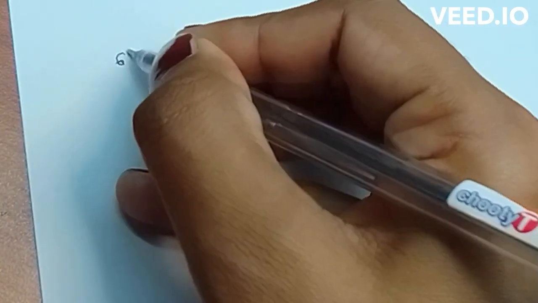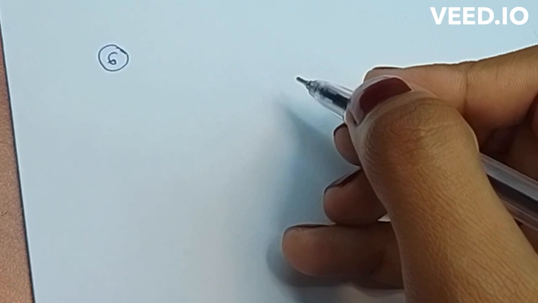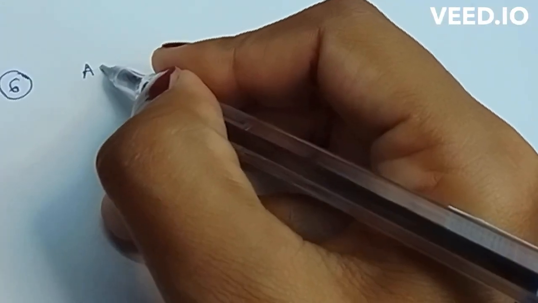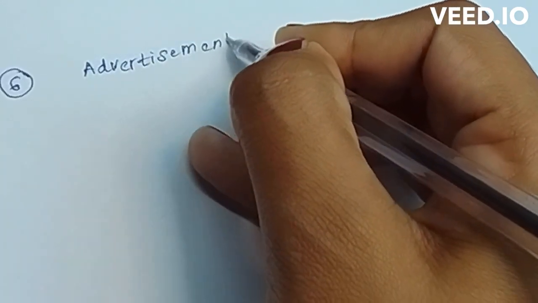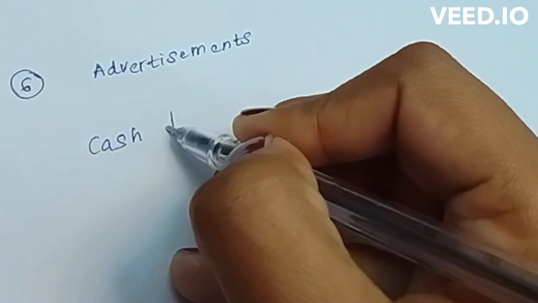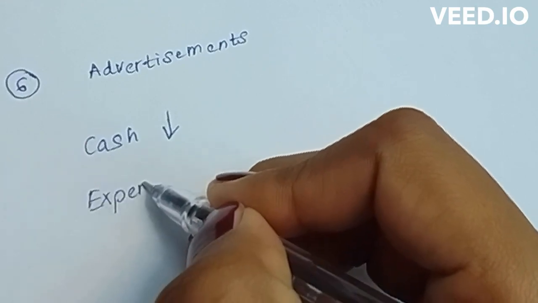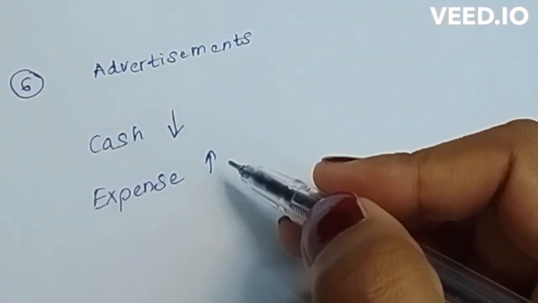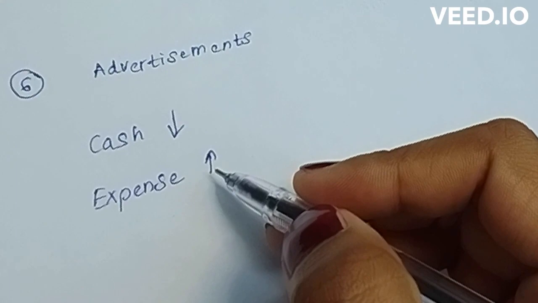Look at the sixth transaction. That means 15th April, advertisement, rupees 2000. This is a payment. So now what will happen when we pay for advertisements? Cash in the business is getting reduced, and also we are incurring an expense. Those are the two effects that will happen to the business.